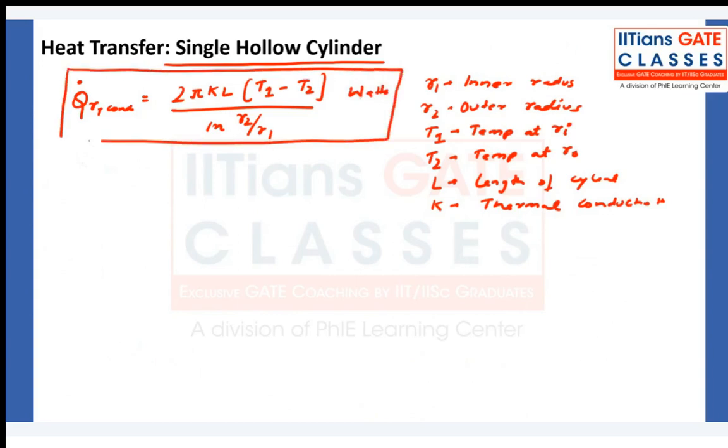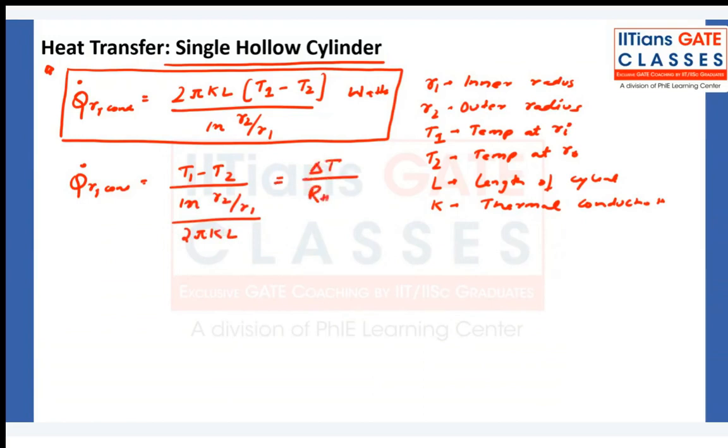Now let us move on. Can I also write this as Q dot R conduction equals (T1 minus T2) upon ln R2 by R1 over 2 pi KL? And can I write this as delta T upon thermal resistance in a cylinder? Is it clear? In the same form I have written. Shruti and Vijaya, is it clear?